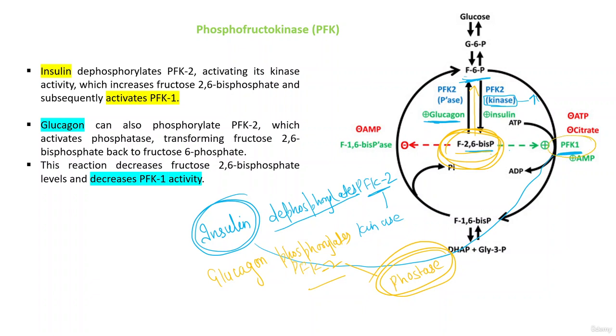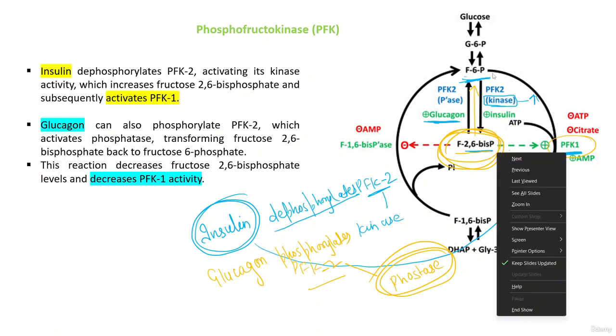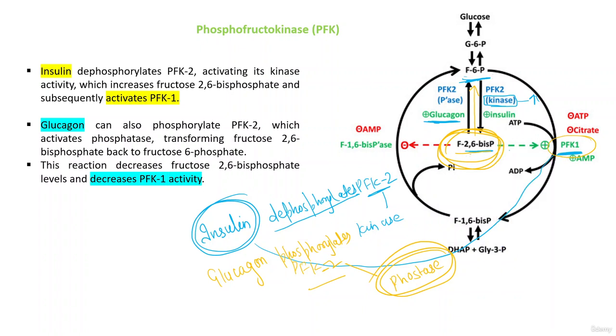An increased level of fructose 2,6 bisphosphate was necessary for the activity of PFK-1, but here fructose 2,6 bisphosphate is transforming back to fructose 6 phosphate, which will decrease the level of fructose 2,6 bisphosphate and ultimately decrease PFK-1.